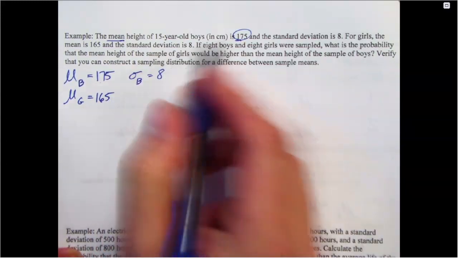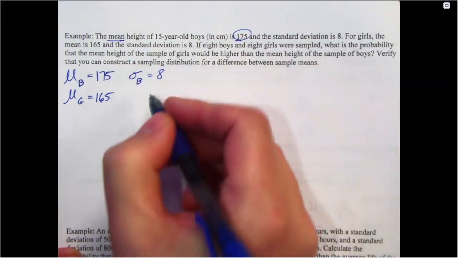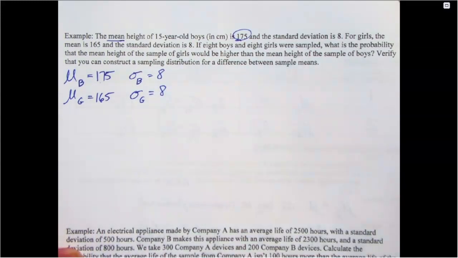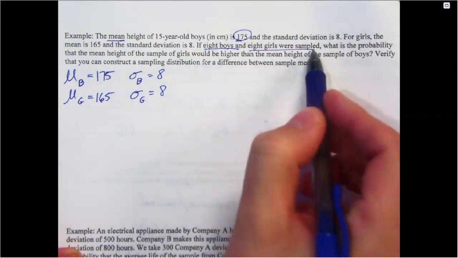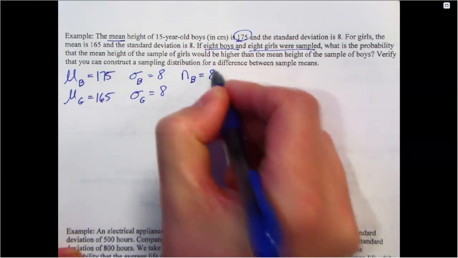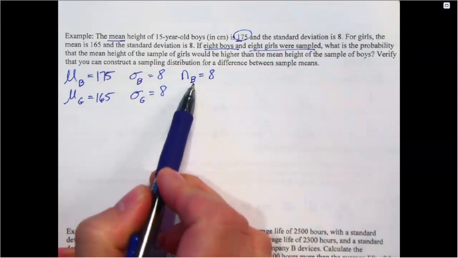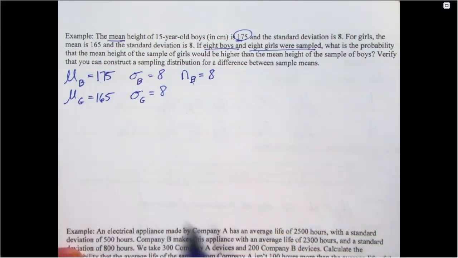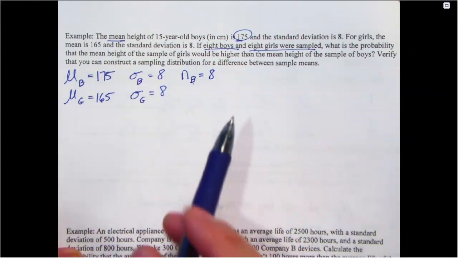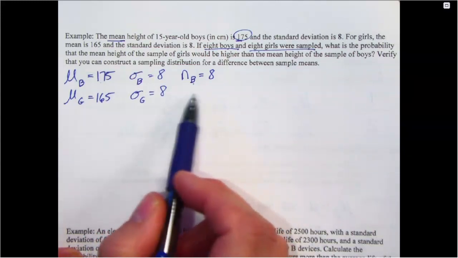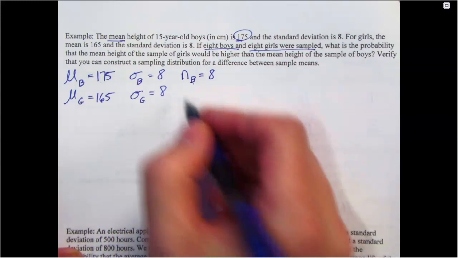And the standard deviation of the girls is also 8. 8 boys and 8 girls were sampled, so n b equals 8, like the sample size of boys equals 8. My notation makes sense, like what I'm writing? Ish. Okay. And then n g equals 8 also.